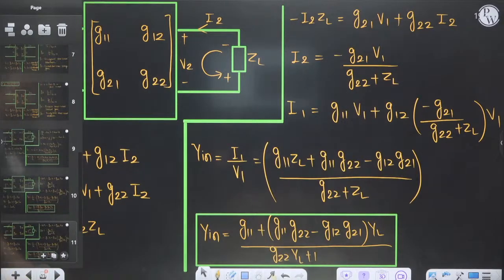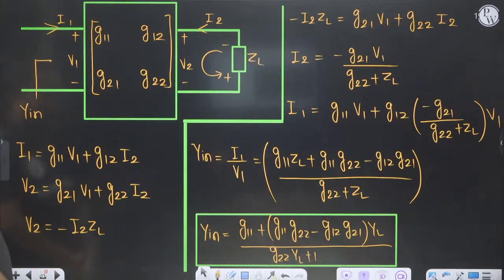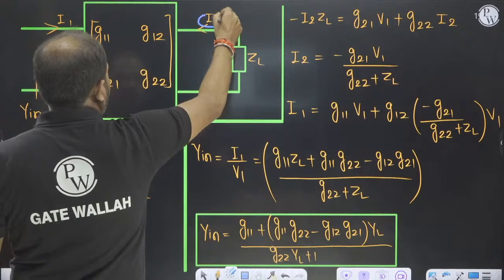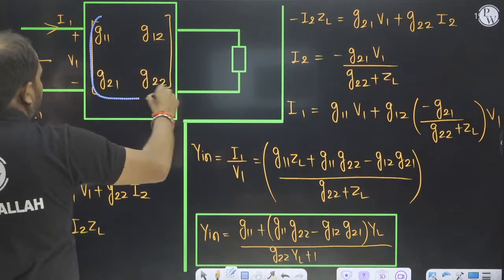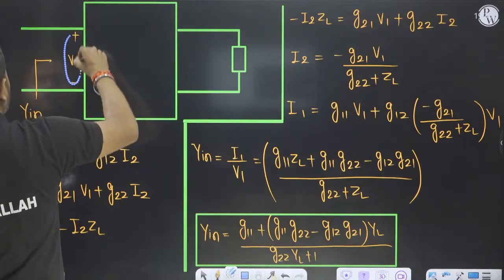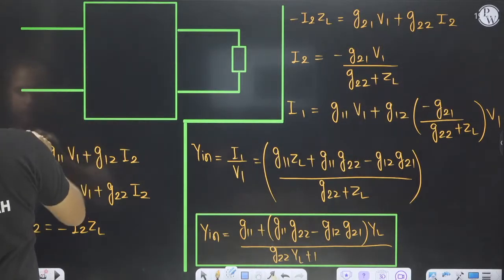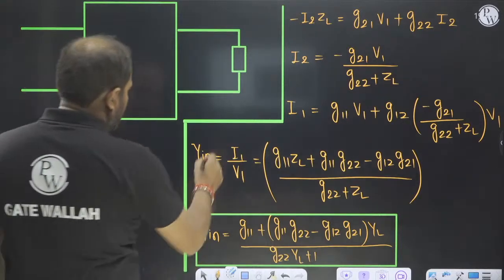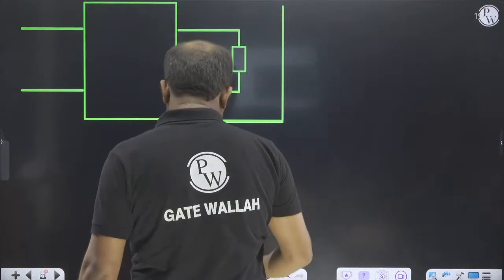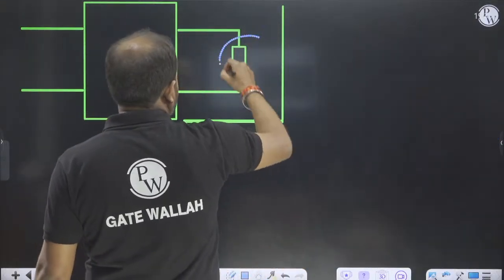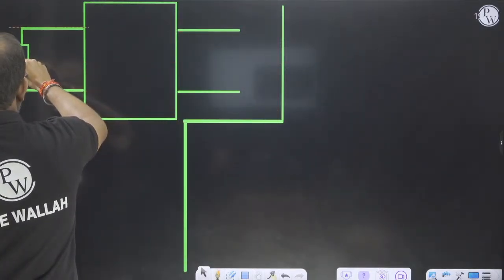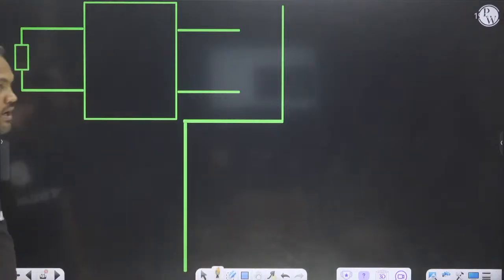Next we are going to do the comparison, and for all the formulas I will do one summary also, which will revise everything for you. Not today; after completing ABCD parameters and everything, then we will go for one summary, which is more important.